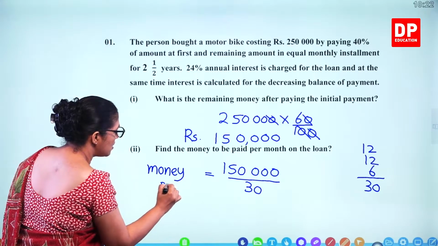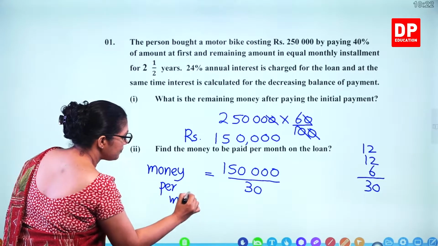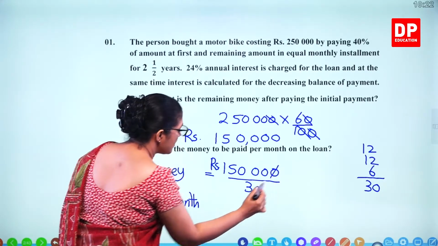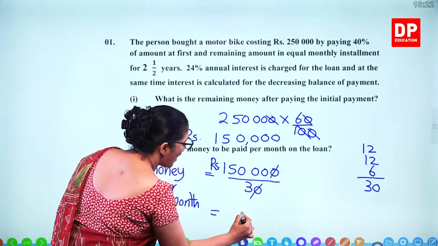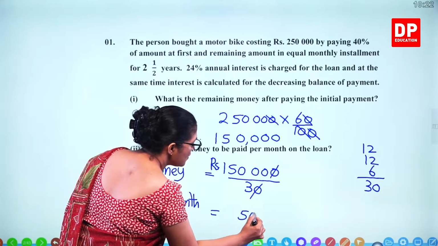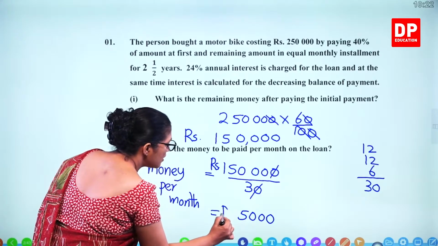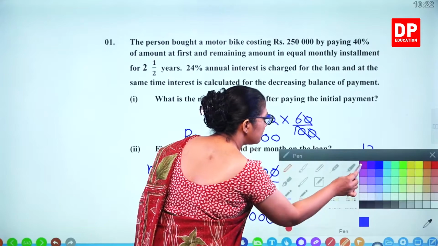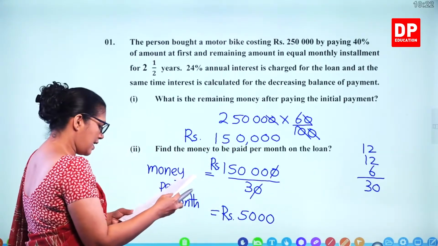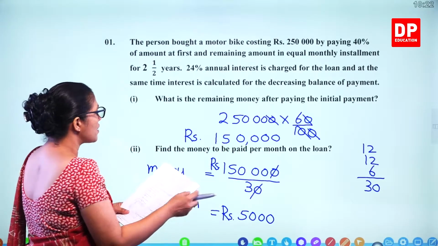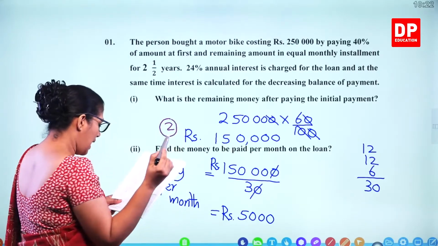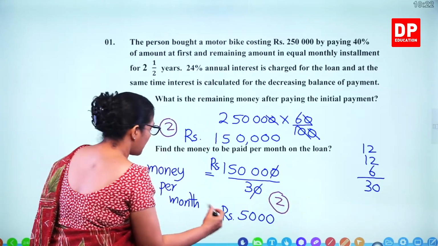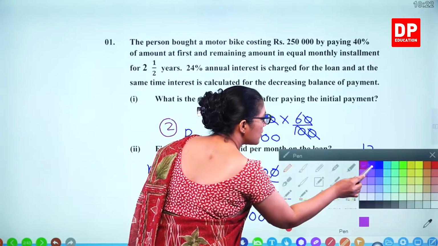The zeros get cancelled out. 3 times 5 is 15 and 3 zeros, so 5,000 rupees. How many marks for these 2 steps? You get 2 marks for this part and 2 marks for calculating the monthly installment.